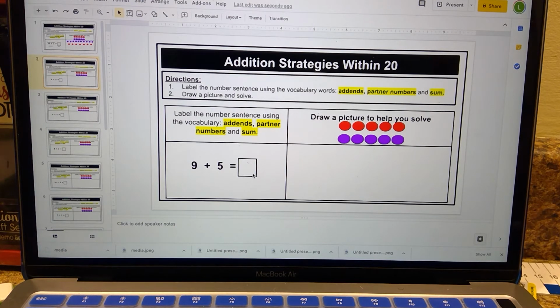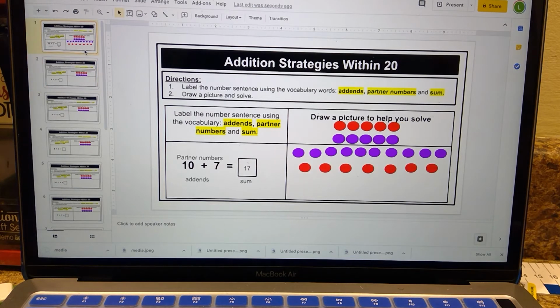Once you write down this number sentence, I want you to label it with the following words: addends, partner numbers, and sum. If you forget how to spell it, those important words are bold and highlighted in yellow right above. So you shouldn't have to spell those words wrong. It's right in front of you, okay? So what you're doing is writing out your number sentence and adding these labels, okay?